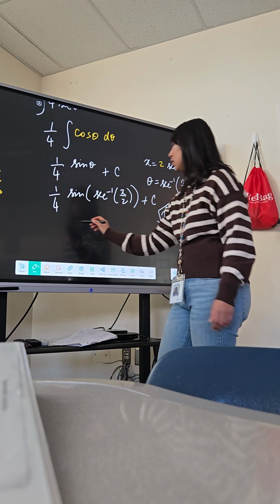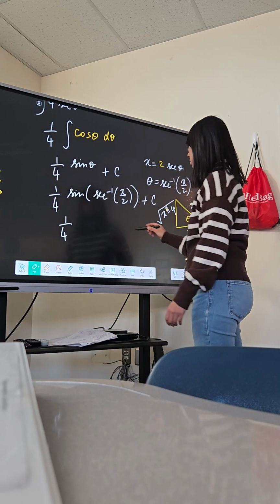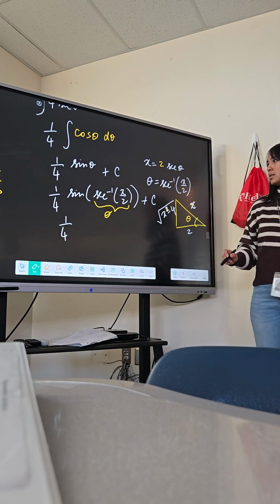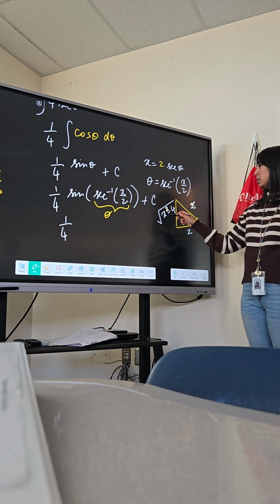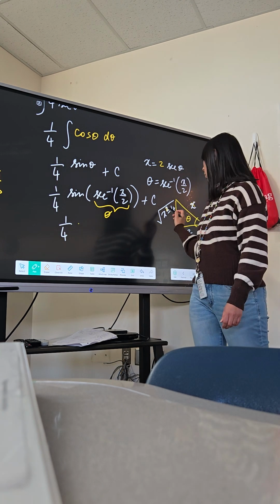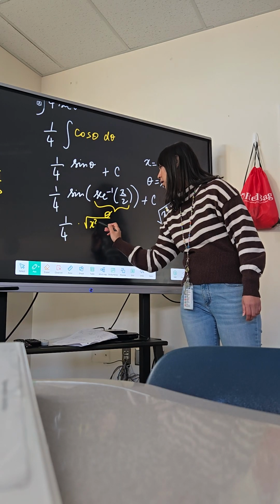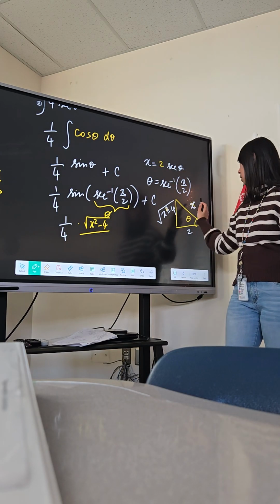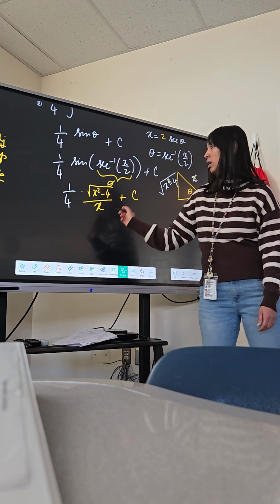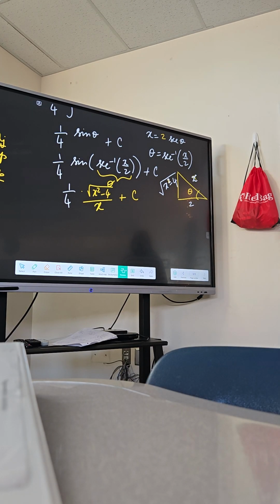So then, what would sine theta be? Because this is our theta. Sine is opposite over hypotenuse, so sine will be the square root of x squared minus 4, over x. And you can leave it like that.